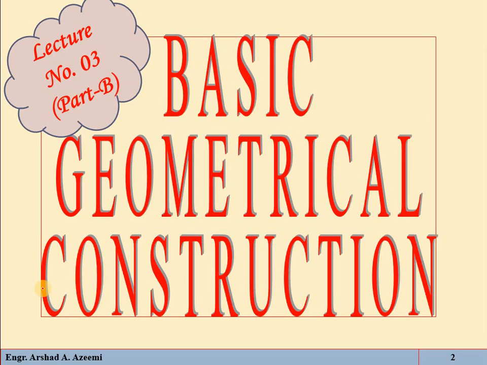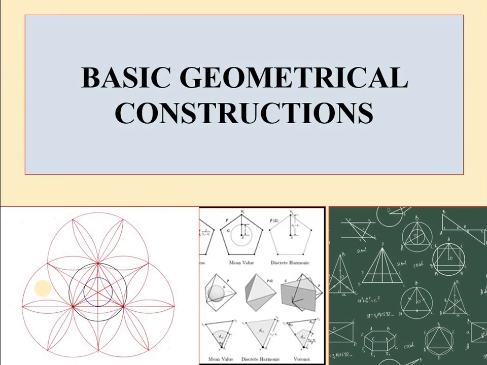Now in this second part of lecture number 3, we will discuss the division of a line, bisection of a line, trisection of a line, how to find the center of an arc, and how to construct a reverse curve. Again, these are some basic geometrical constructions which are required for complex engineering drawing.